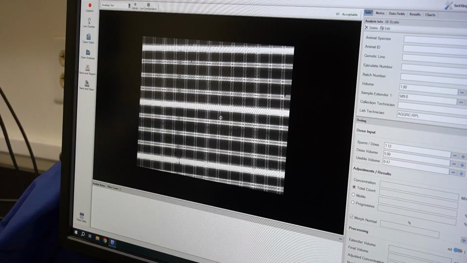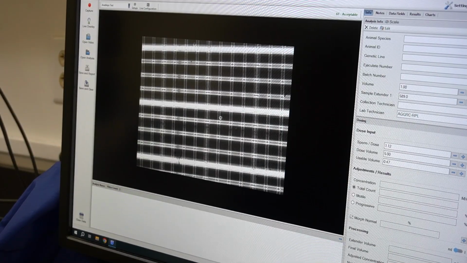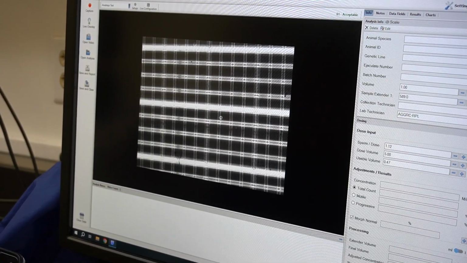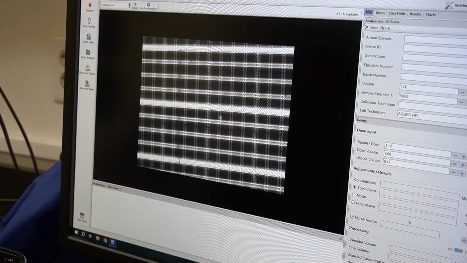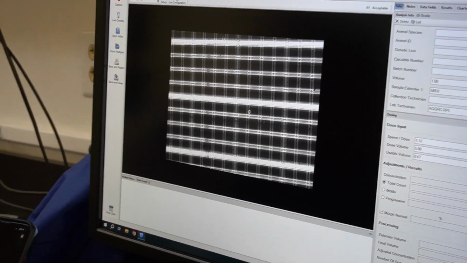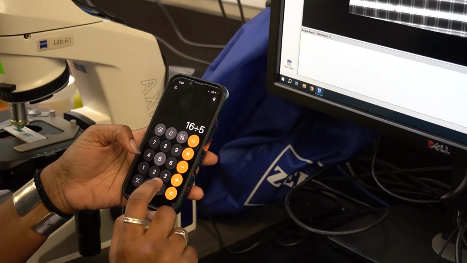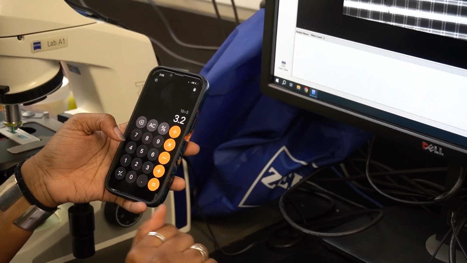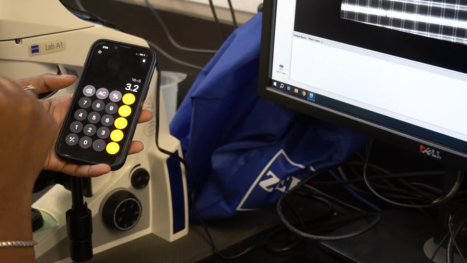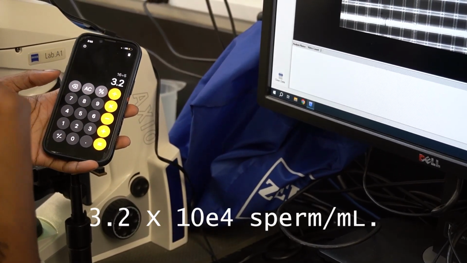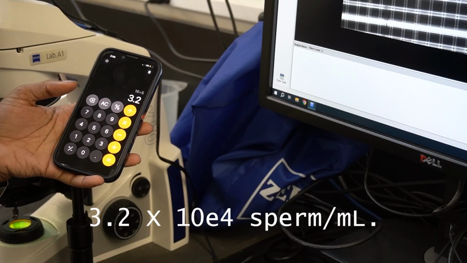So that gives us a total of 16. And then where we'll go from here is we will take that total of 16, we divide that by the number of grids counted, which was 5, and then we get the number 3.2. This 3.2 isn't just a 3.2, it's 3.2 times 10 to the 4th, because that's our concentration.